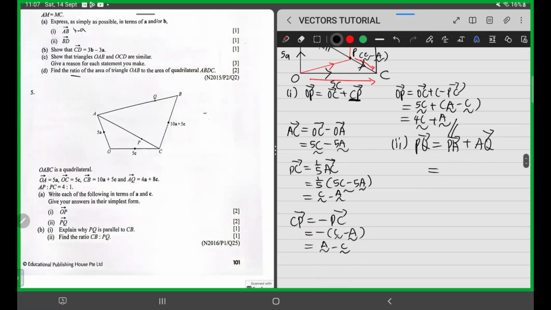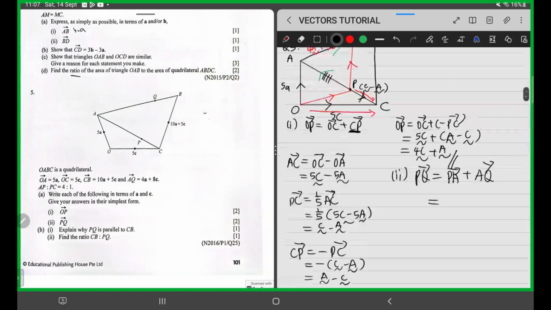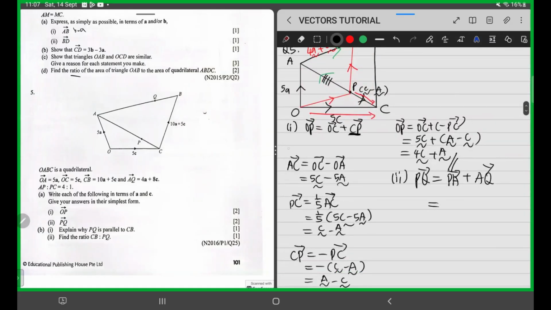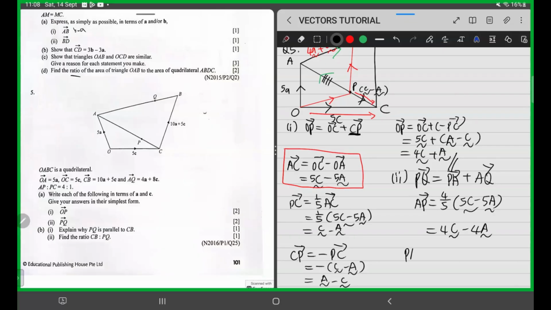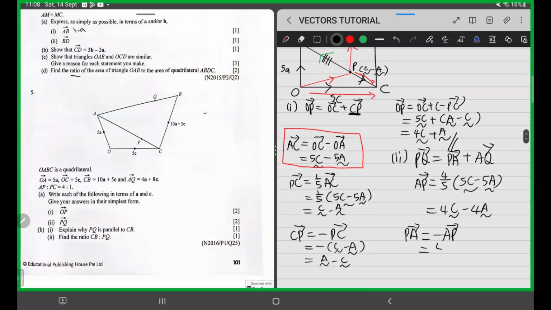And just now we have established that your AC is 5C minus 5A. So therefore, your AP is 4 out of 5 of 5C minus 5A, which gives us 4C minus 4A. Therefore, PA is just the negative version of AP, which gives us 4A minus 4C.